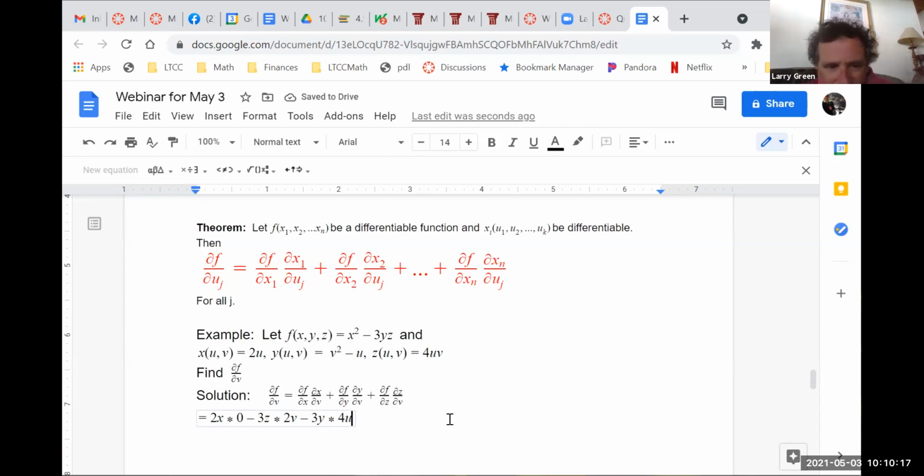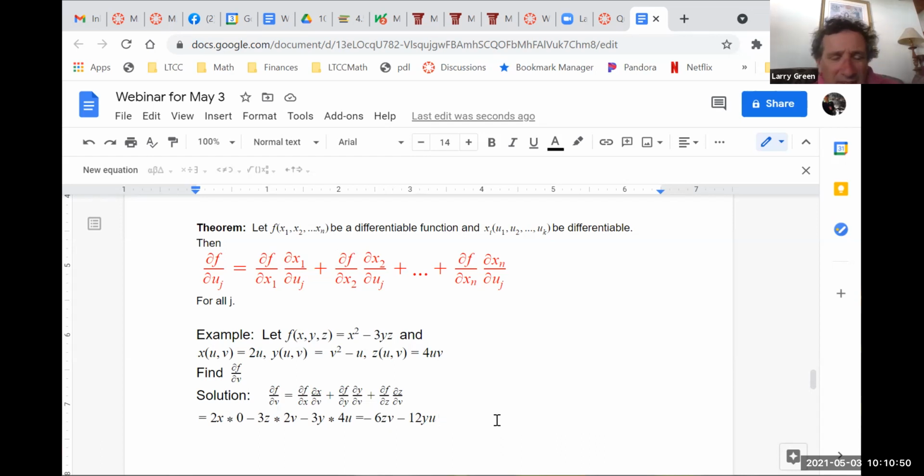Okay, and then you could simplify this if you want. The 0 kills that first term. The next becomes minus 6zv, and then the last term is minus 12yu. And that's it. I found del f del v.